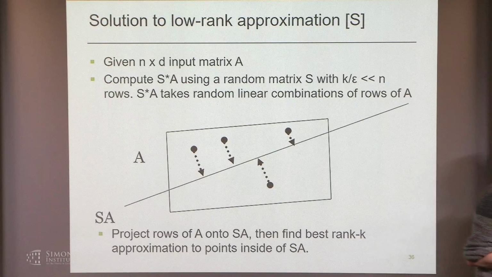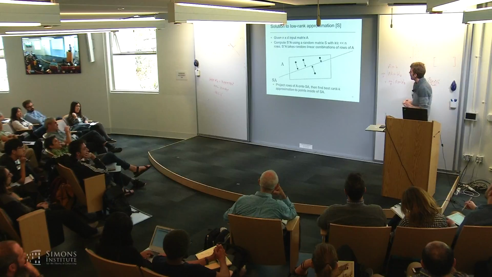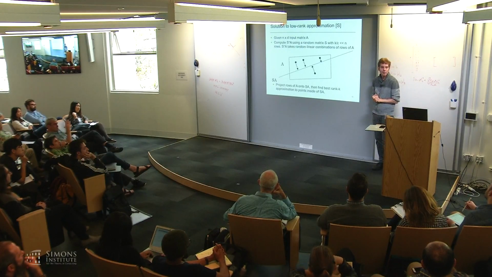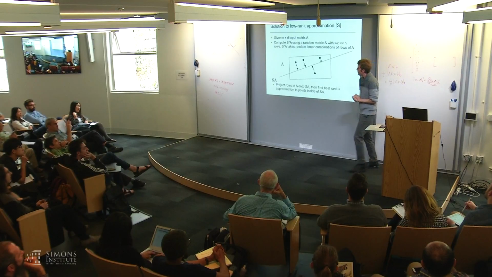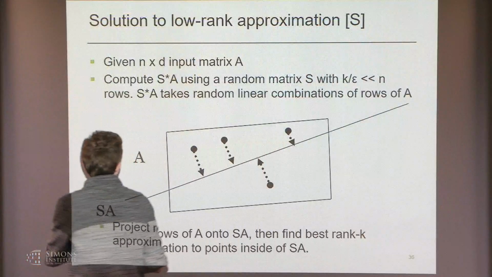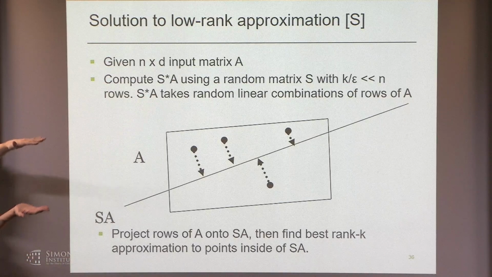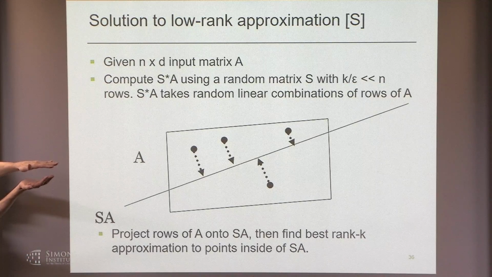Yeah, question. What's S times A versus SA? Oh, that's the same thing. Is one of them a matrix and one of them a subspace or something? Sorry, what I meant by this drawing: I do compute S times A. Now S times A has a small number of rows, k over epsilon, and D columns.